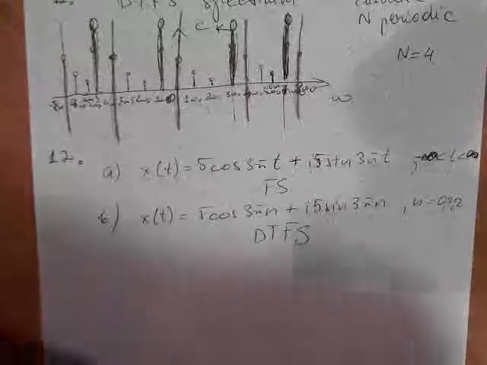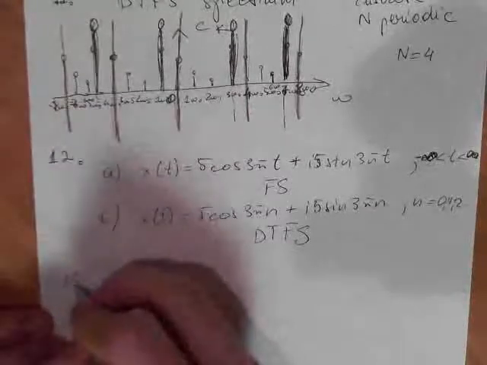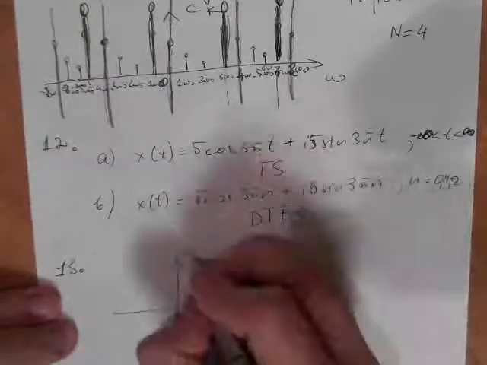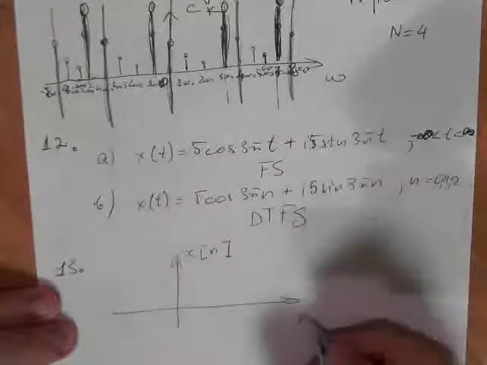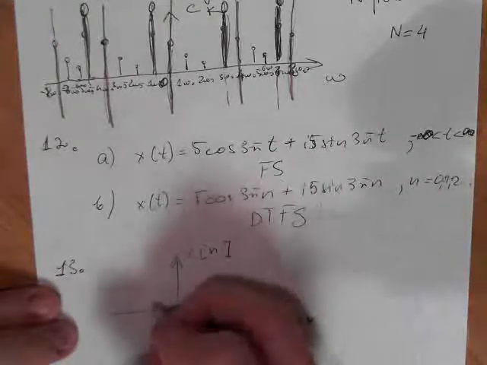It's easy. Now 13: you need to know how to determine from the graph what it is. If you see a discrete time signal with n and x[n], it is not a spectrum, it is a signal.